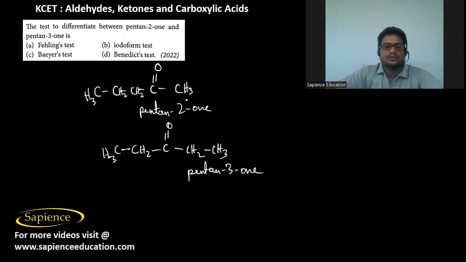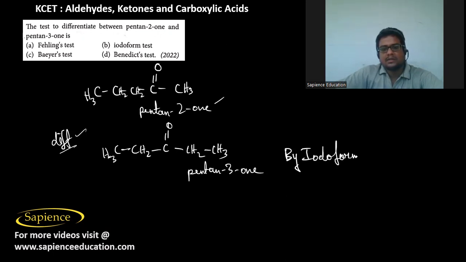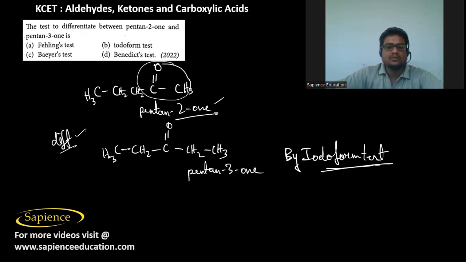So how can we differentiate between pentan-2-one and pentan-3-one? Here the rule is simply by using the iodoform test, since in case of pentan-2-one, it has the CH3CO group attached at the end of the chain, and pentan-3-one does not have the CH3CO group at the end.